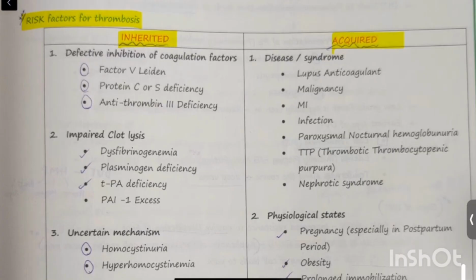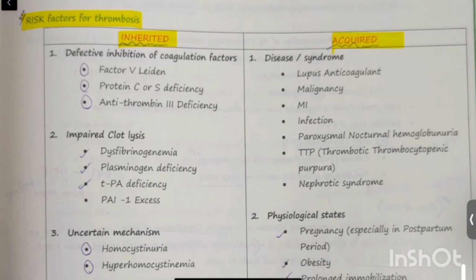Clotting should happen only when bleeding is happening, in order to stop that bleeding. Clotting should not happen when there is no bleeding. But if there is defective inhibition of these coagulation factors, it will clot when not needed.